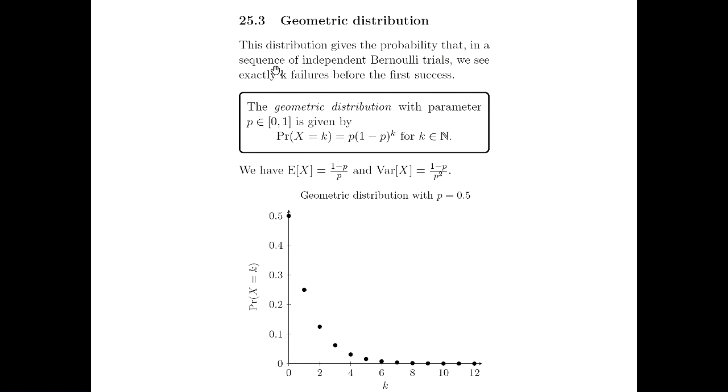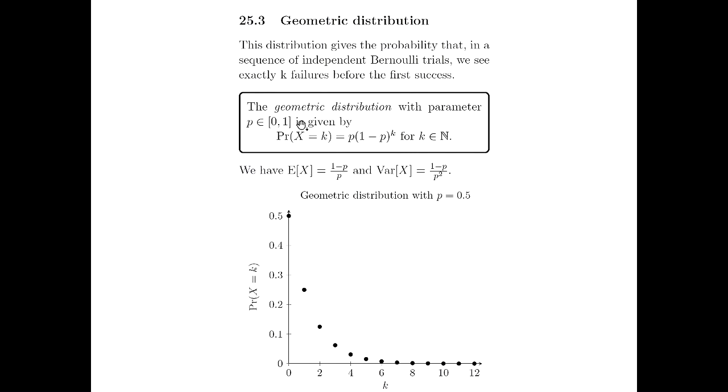So that for them, a Bernoulli distribution would be the first success occurs on the kth thing, but that's not us, right? For us, a Bernoulli distribution is k failures before the first success. And so hopefully here, the probability calculation makes sense. So our parameter here is just p again.